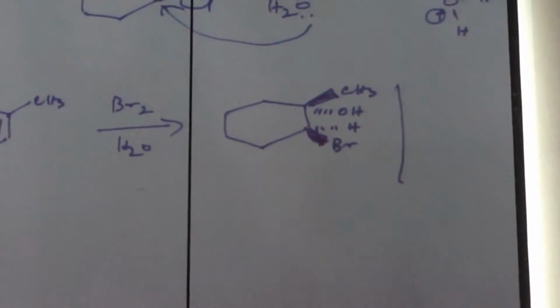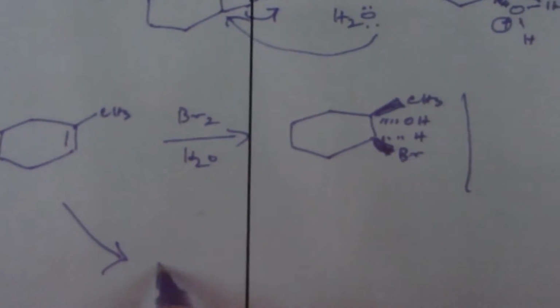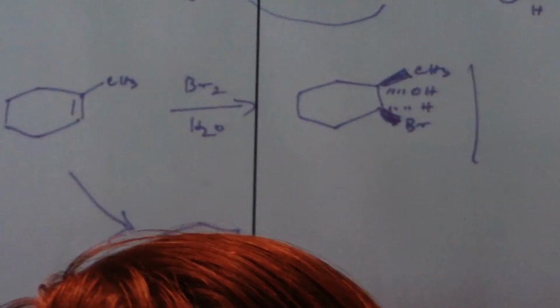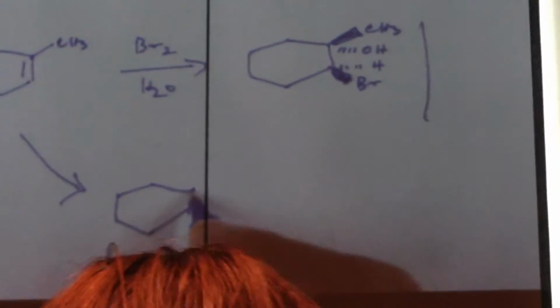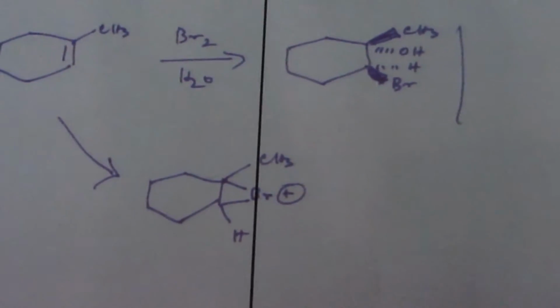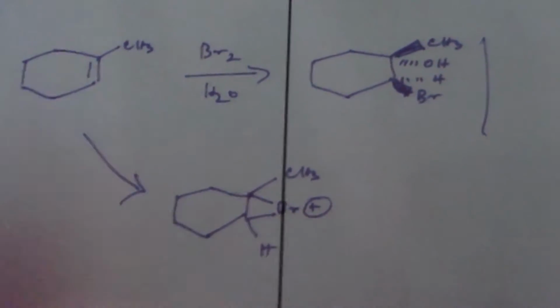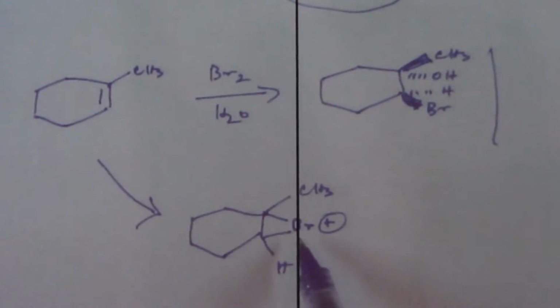Why? Because when you look at the intermediate that is generated here, the bromonium ion, this is the intermediate that is generated. And now assume where you would get a more stable cation if you had to break the bond between this carbon and bromine versus this carbon and bromine.